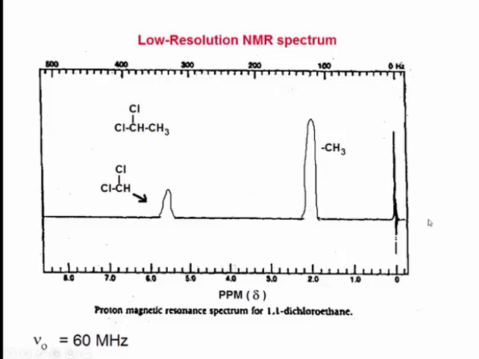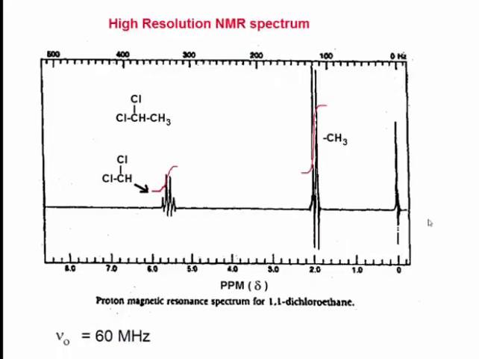All right, let's rerun the NMR spectrum of this compound, 1,1-dichloroethane, but this time let's do it at high resolution. Let's take a look at the high resolution spectrum. Aha, looks quite different.